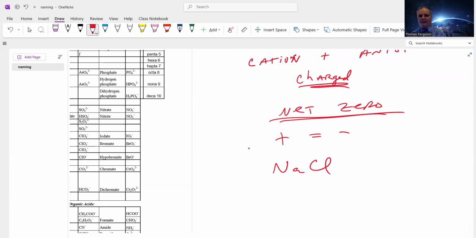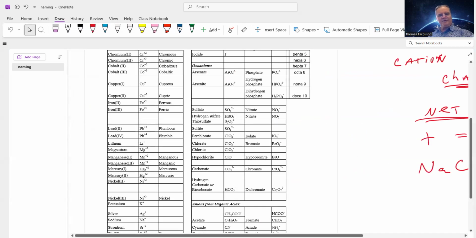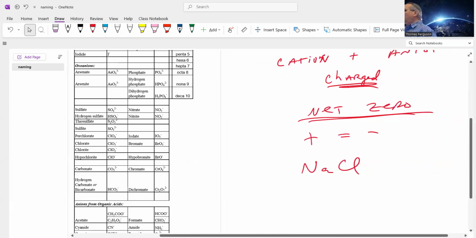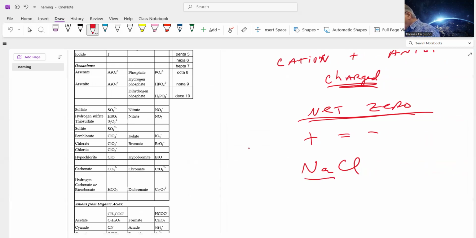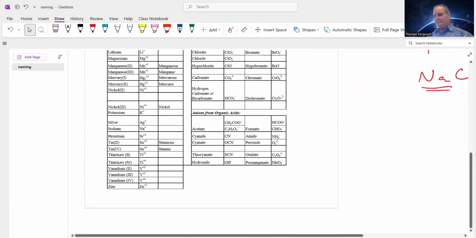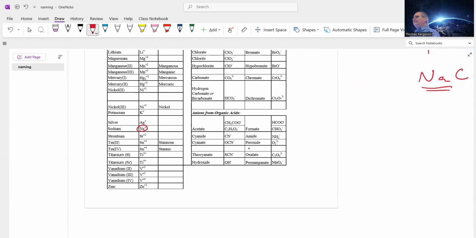Sodium chloride, common table salt. All right, so let's look on our handy dandy chart here. And positive always comes first. So the cation always comes first. So is there a sodium cation on the left side of your chart? Right there, right? Okay, so that's the first criterion.